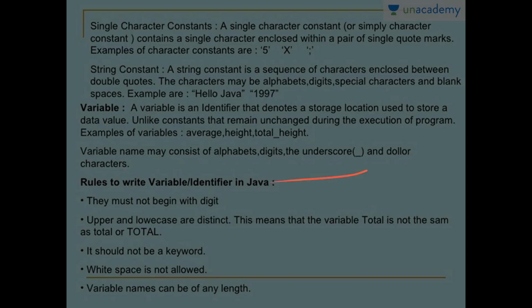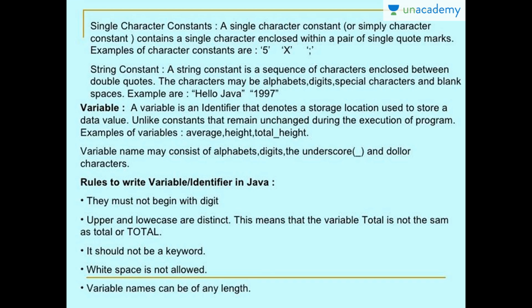Okay. Now come to the character and string constants. A single character constant is defined by a pair of single quotes. Whenever a single character is defined between single quotes, that means we are defining a character constant. For example, in single quotes we have 5, in single quotes we have x, in single quotes we have semicolon.